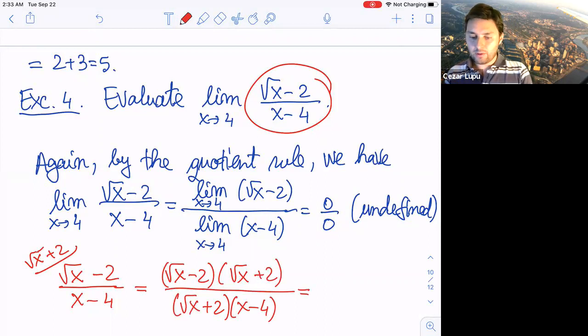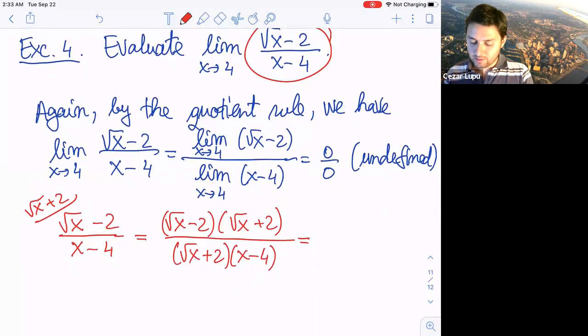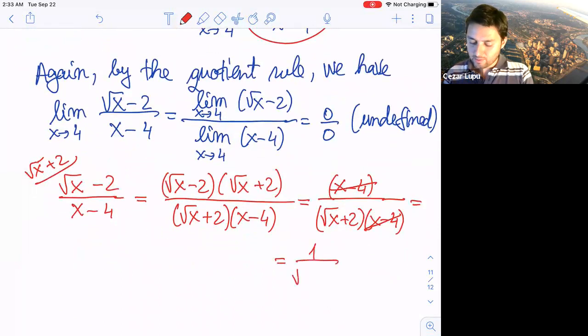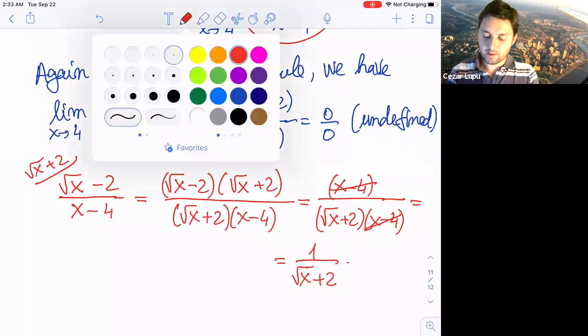And now if we do this computation here, this will be nothing else than just x minus 4 over square root of x plus 2 times x minus 4. Wow, actually it cancels. Look at this. This is nothing else than just 1 over square root of x plus 2. Wow, that's really nice.